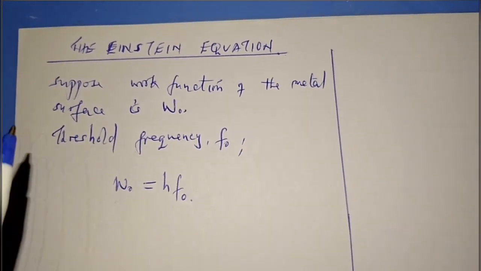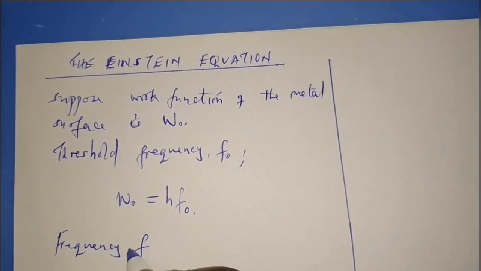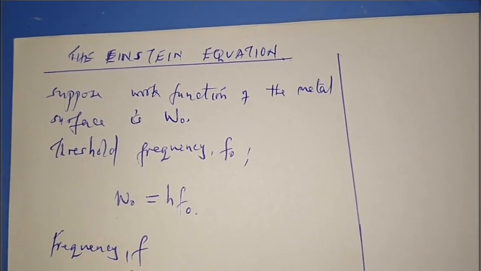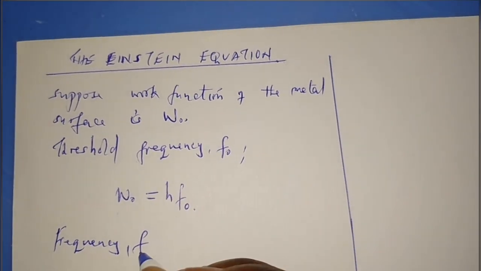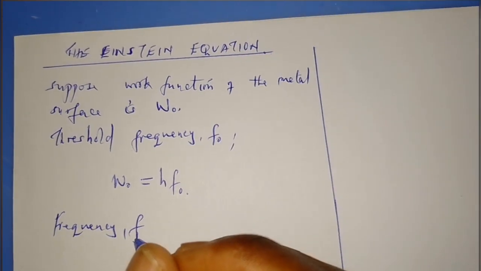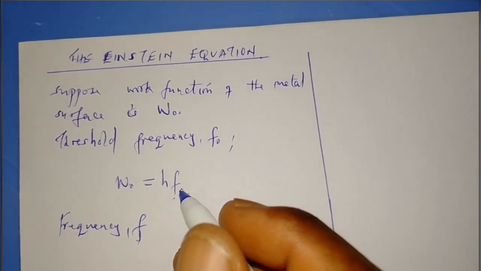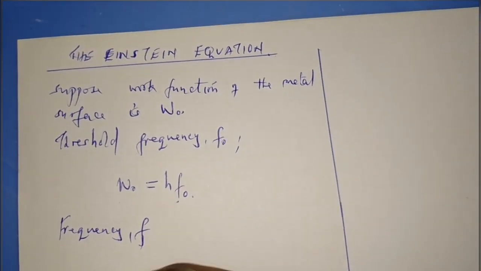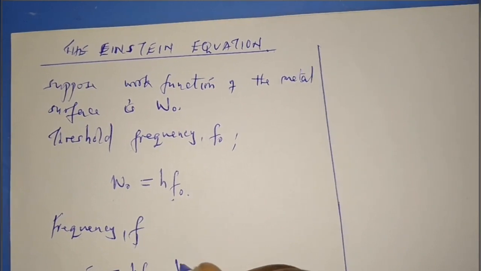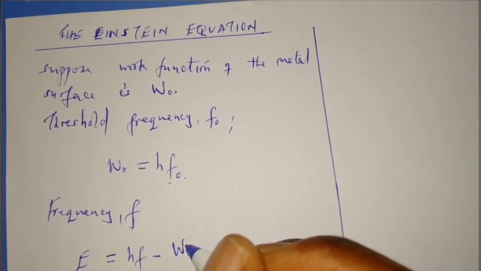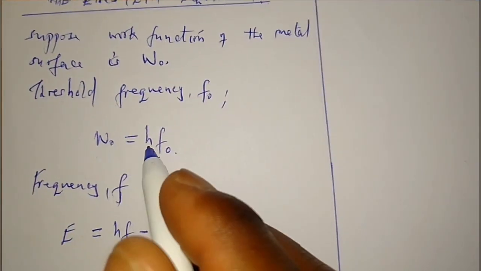The energy of electrons ejected by light of frequency F, which must be greater than the threshold frequency F naught, is E equals Hf minus the work function W naught, which is the same as Hf minus Hf naught, since we have said that W naught is Hf naught.